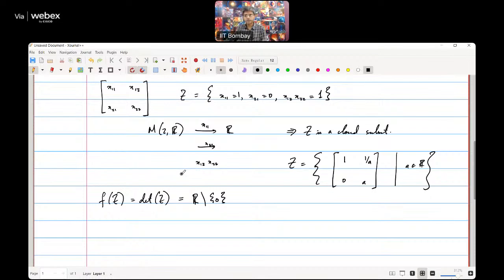Because for each such matrix the determinant is A. I'm sorry, although A is in R, it has to be in R minus 0, because otherwise 1 upon A will not make sense. And we know that R minus 0 is not closed, since 0 is a limit point, so it's not closed in R. This implies that F is not closed.